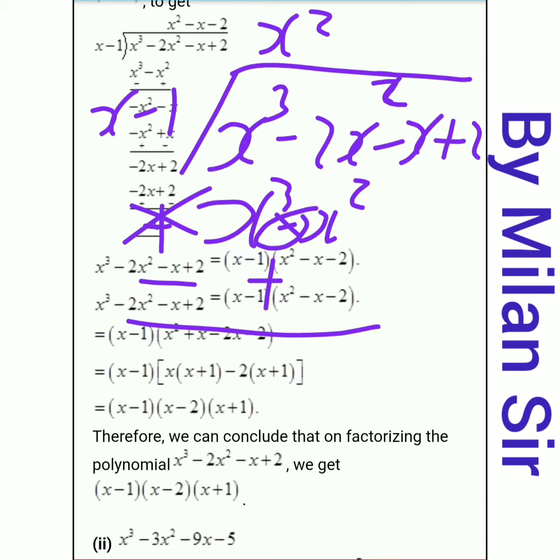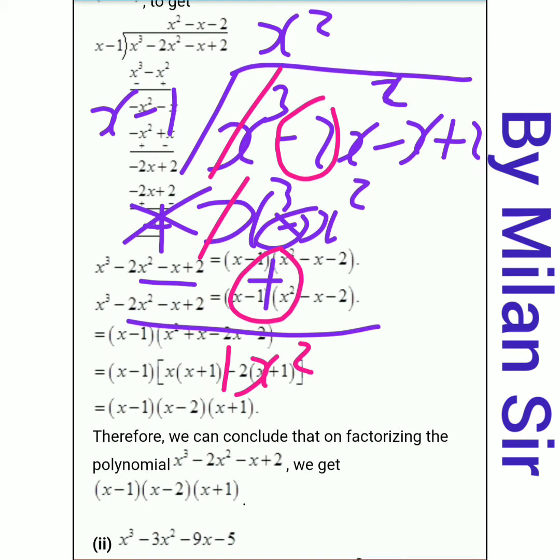Here we have minus 2, here plus 1, so minus 2 plus 1 gives minus 1, x square as it is. Then the sign with the bigger number is minus, so we put a negative sign here, and then this minus x comes down.